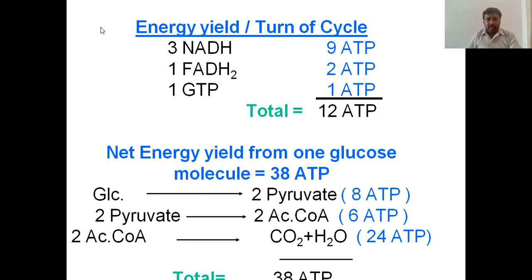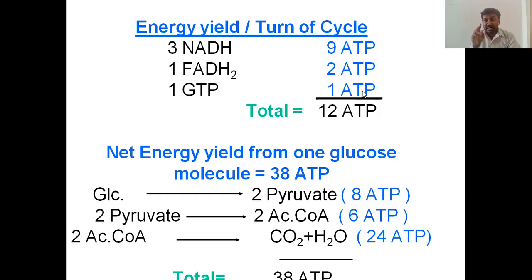So for one acetyl coenzyme A, 3 NADH plus H plus, so 3 into 3, 9 ATPs. 1 FADH2 produces 2 ATPs. 1 GTP is formed, 1 ATP. Total is 12.